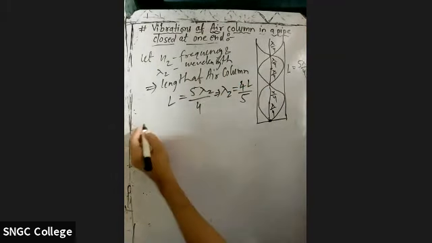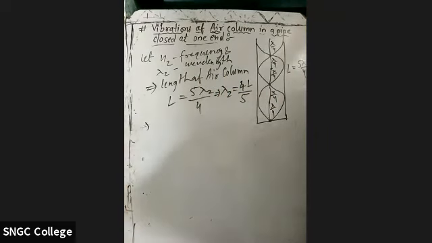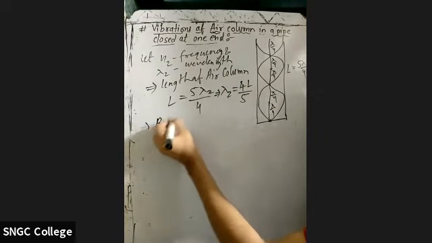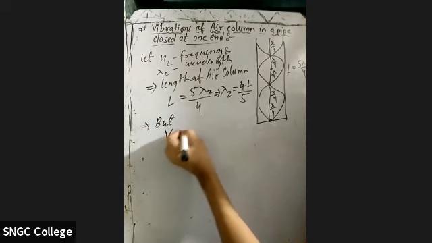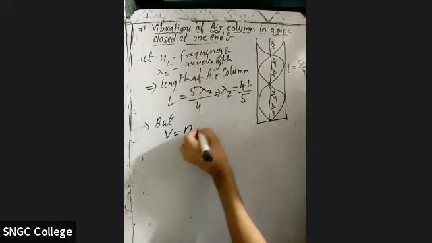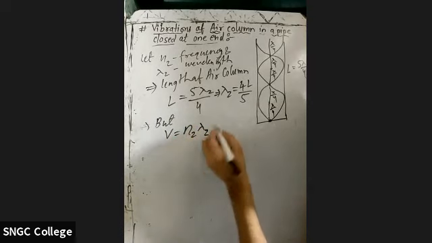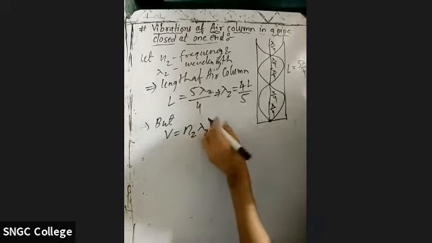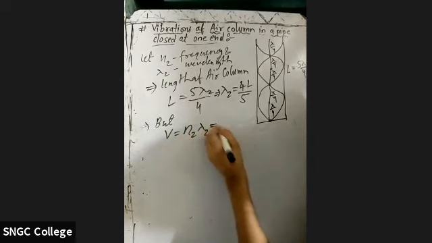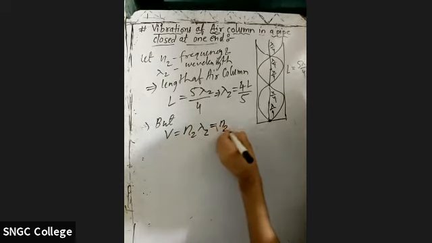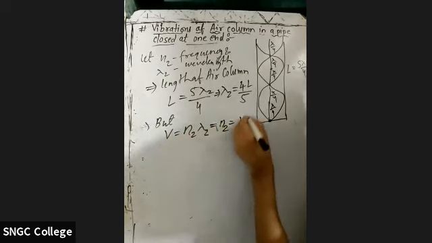Now again we have to write the equation of velocity. So V equal to n2 lambda 2. Then by using this equation you have to write the equation for frequency, which would be equal to n2 equal to V upon lambda 2.